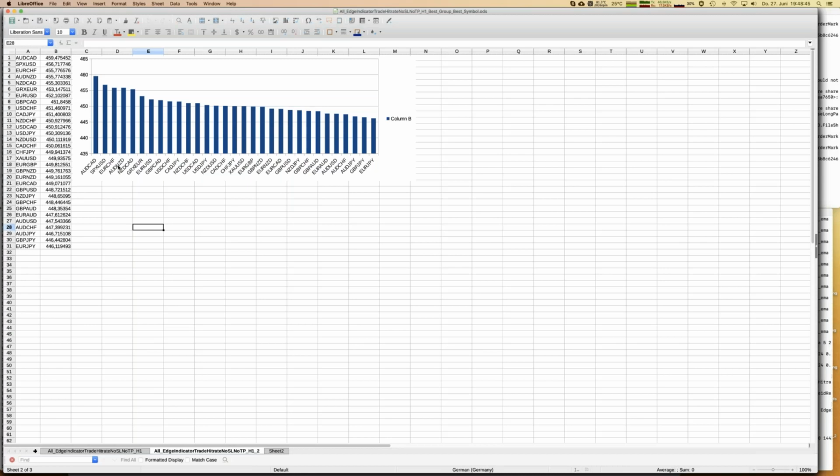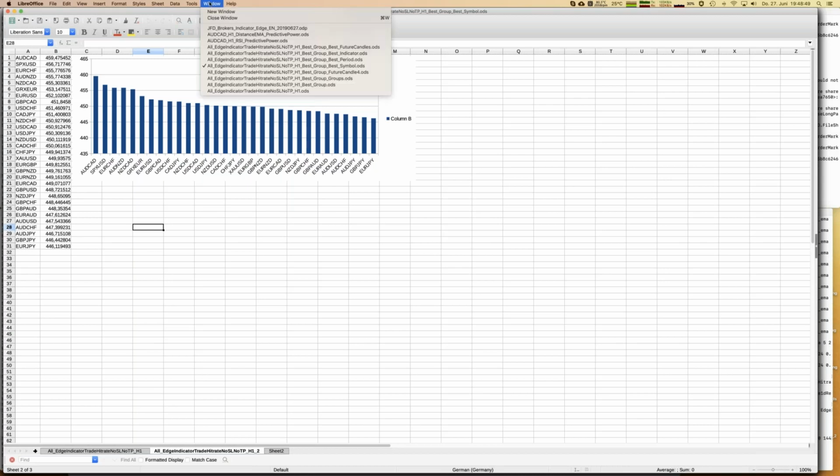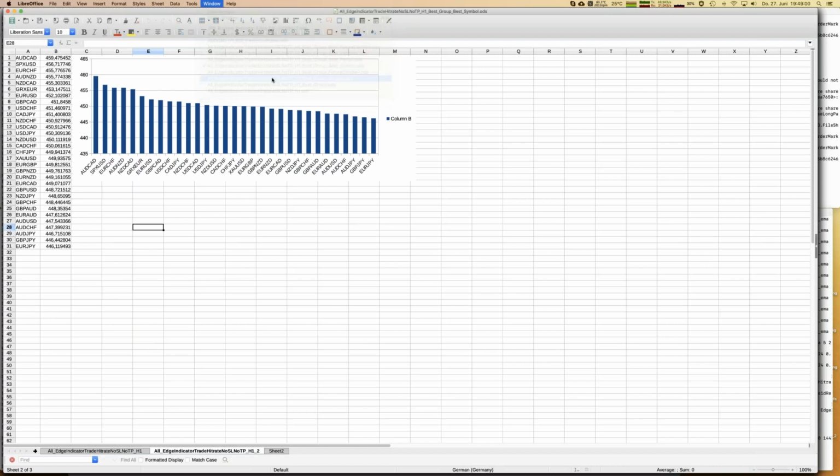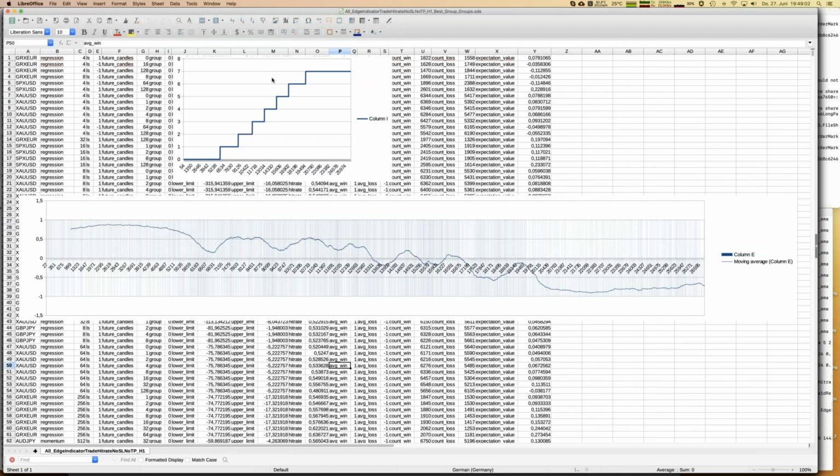Quite interesting. So that's a hit list along what symbol could be predicted best. And before I go to the final page, let me try to explain you a little bit about that kind of picture here.